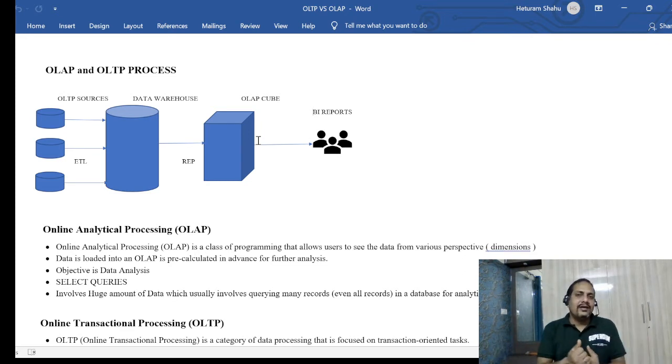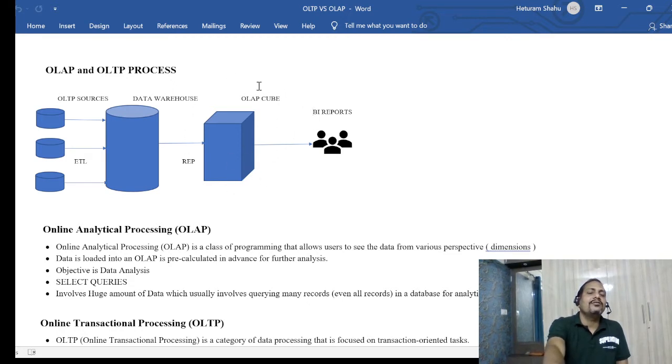If I want to aggregate the profit, then I will obviously group the data by city, and everything will be performed using this cube, because these cubes are pre-aggregated. They will not hit the query on the data warehouse in real time. Those queries are already pre-compiled and pre-aggregated. When we run the report, it will pull from the cube.